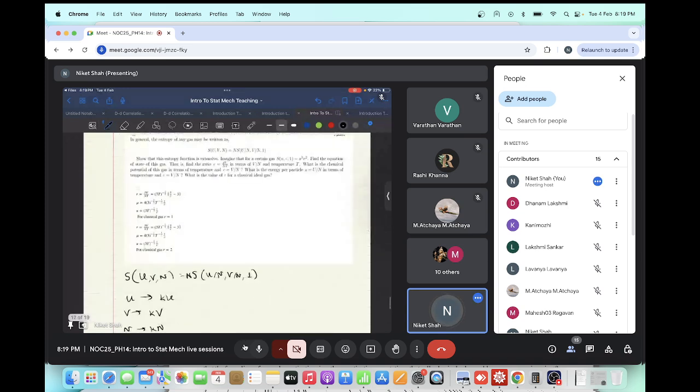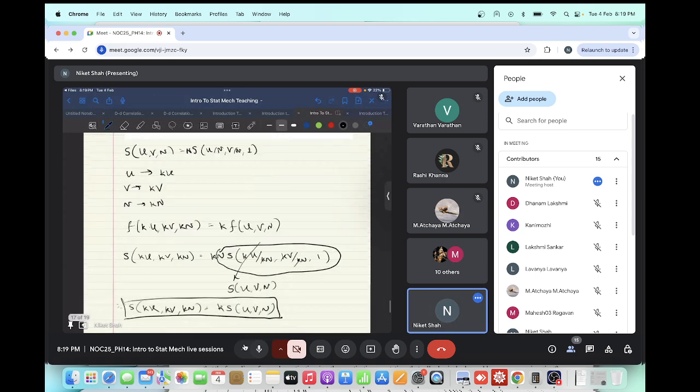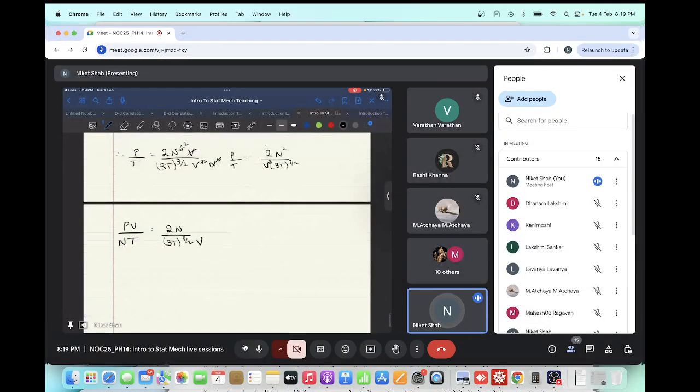How are the options looking? T raised to power 3t raised to power minus 3 by 2. That we already have. So this is 3t raised to power minus 3 by 2. What I have is 2 by small v.